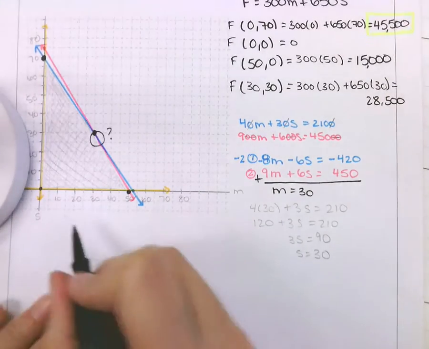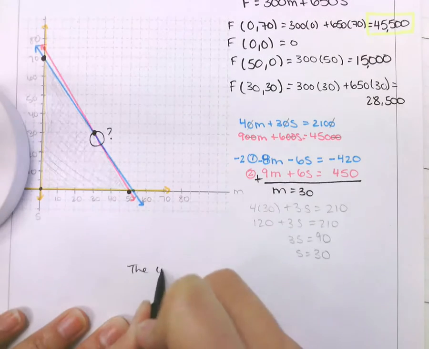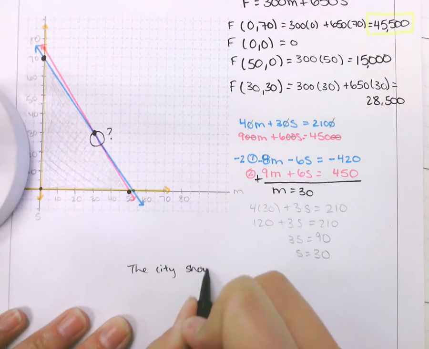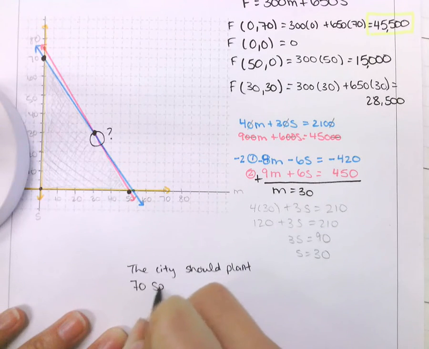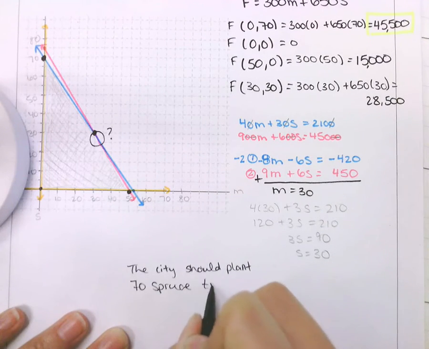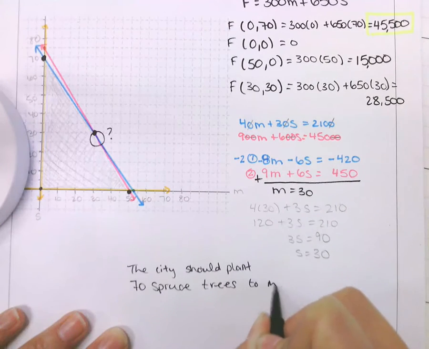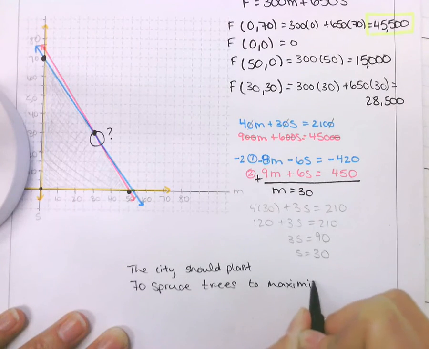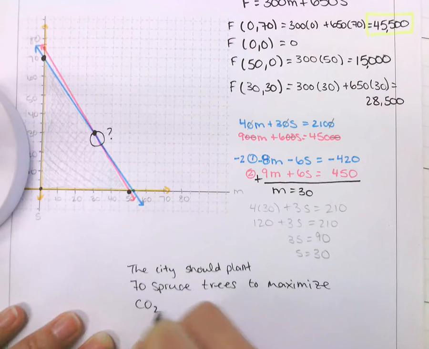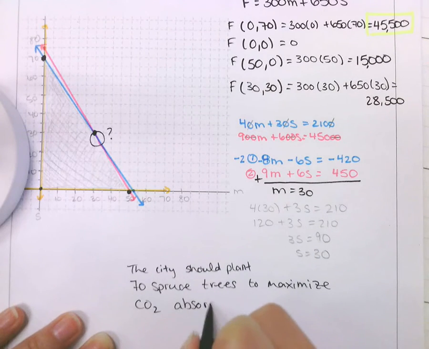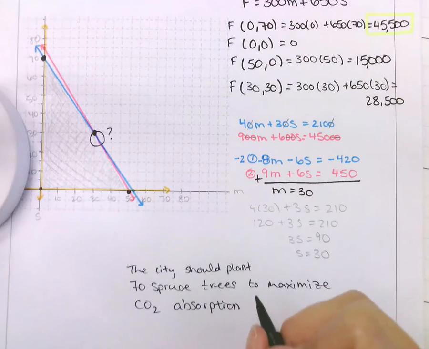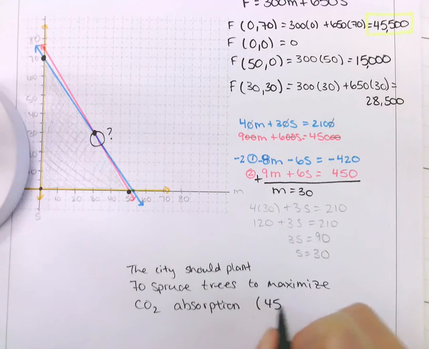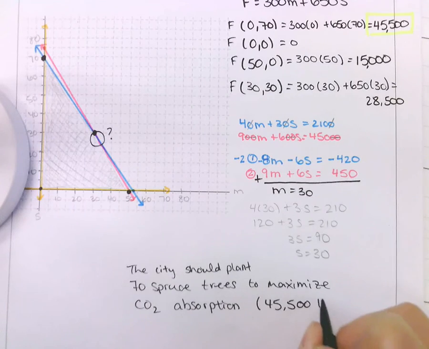So in order to do that, the city should plant 70 spruce trees to maximize CO2 absorption, which would be about 45,500 pounds per year.